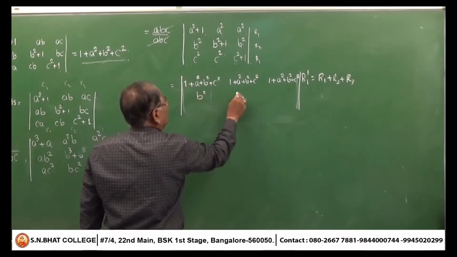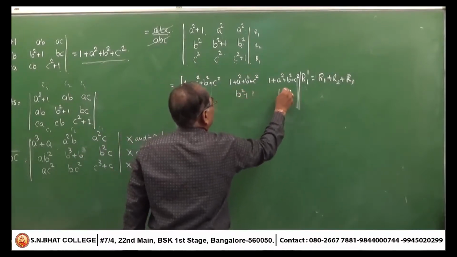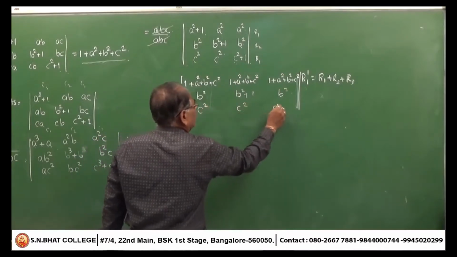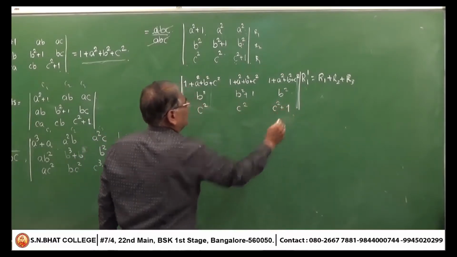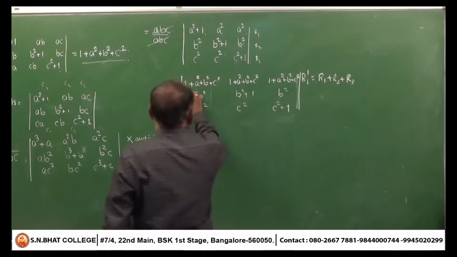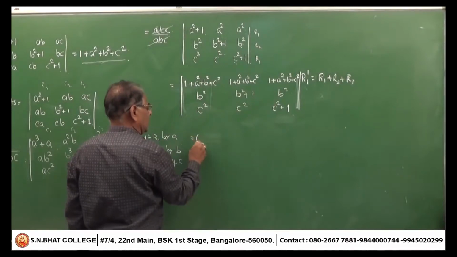B square plus 1, B square. C square plus 1. Next, what is the common factor in the first row? 1 plus A square plus B square plus C square is the common factor.